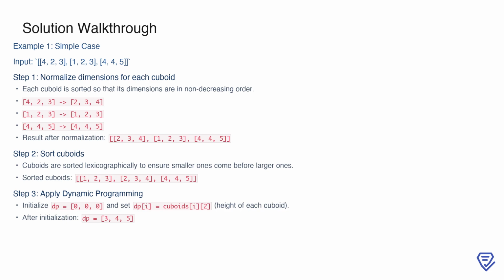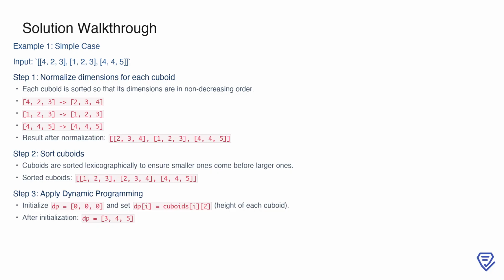After normalization, the cuboids are represented as [2, 3, 4], [1, 2, 3], [4, 4, 5]. Next, we sort these normalized cuboids lexicographically. This ensures that smaller cuboids, which are more likely to fit below others, are considered first. After sorting, the order becomes [1, 2, 3], [2, 3, 4], [4, 4, 5].